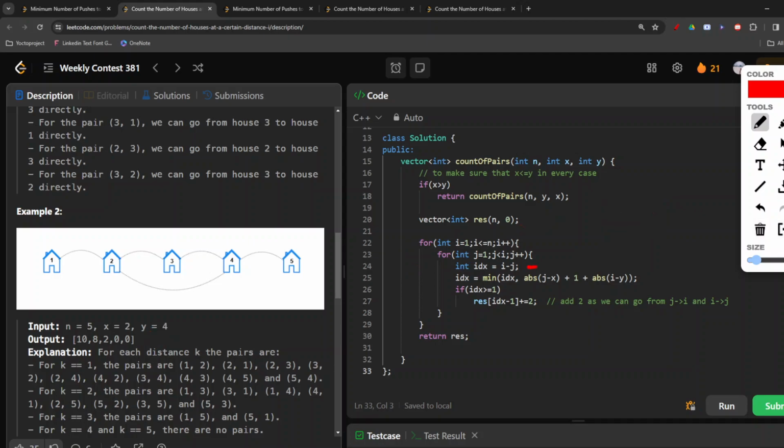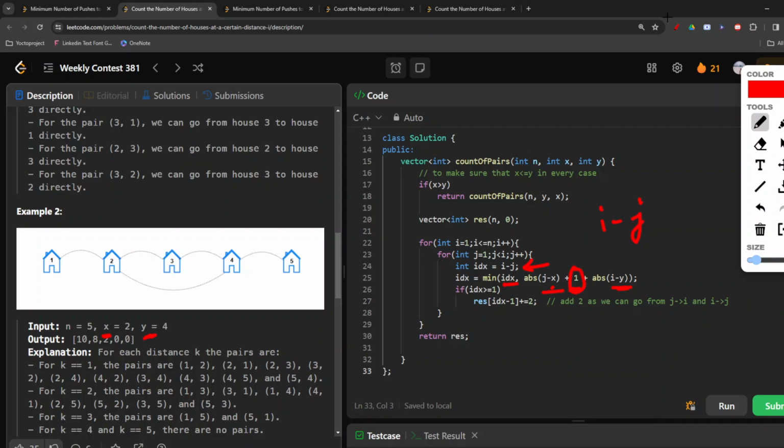Now here, first thing is that we are checking the distance between i and j, right? And then we are required to calculate the minimum of this distance. If we take any other path, meaning the x and y values which are given to us, if we take that value as well, meaning subtracting from j and subtracting y from i and adding up 1, because in subtraction one number is subtracted twice, that's why we are adding that one number again.